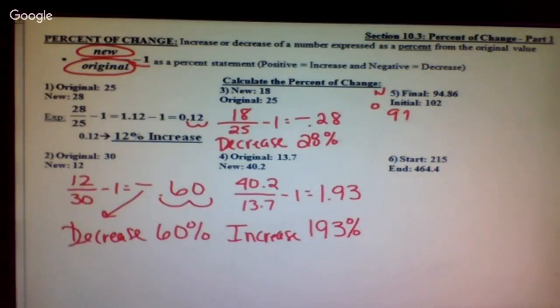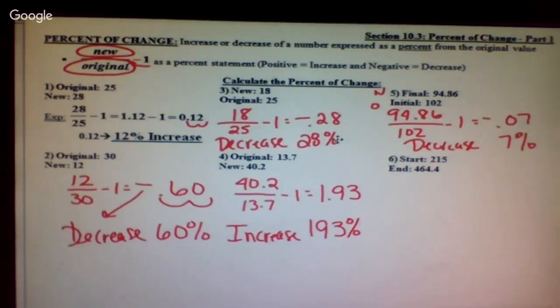So, 94.86 divided by 102 minus 1. Negative 0.07. Good. So again, that negative tells you decrease. And this time, it decreased by 7%.